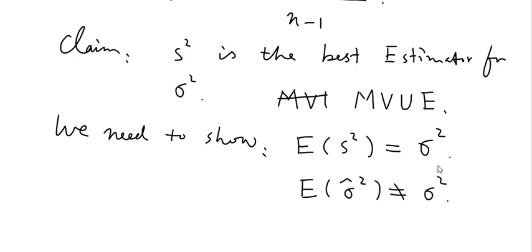That is bad. And we also claim s squared is the MVUE: unbiased, but minimizing the variance. So how can you show that?